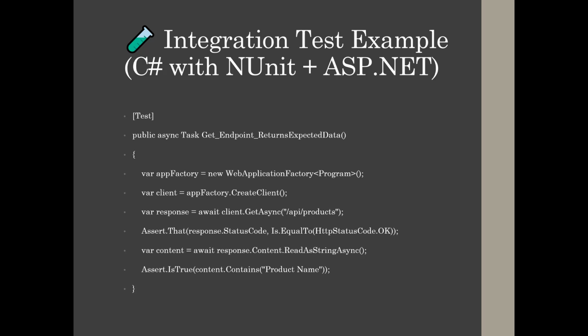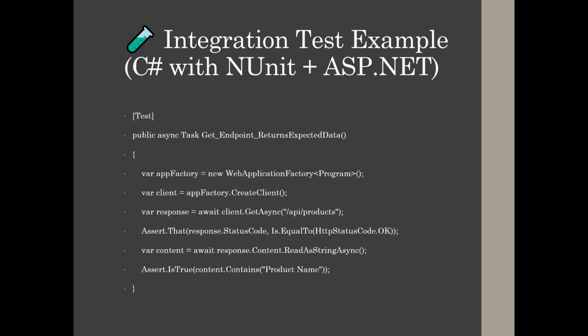So let's look at an example of some C# code here. We start with an in-memory version of an ASP.NET app called WebApplicationFactory, and we are using an HTTP client to send a request to the endpoint /api/products.